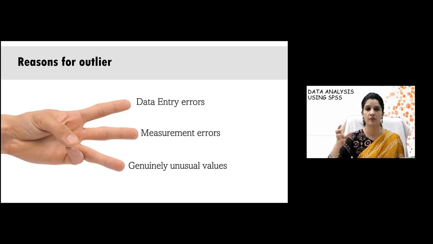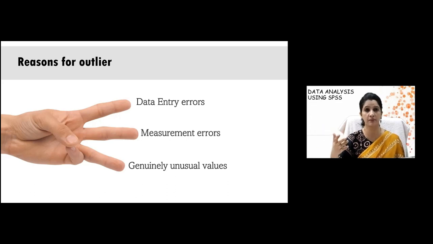And normally you will see that if somebody else is taking the interview, he tends to go to the middle, rather than taking the extreme value. So that way there won't be any measurement error. But if the tool, like a weighing machine, or if it is a biochemistry department or pathology, there are various departments.